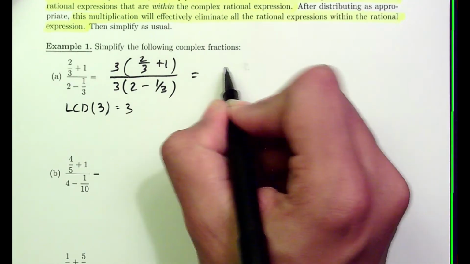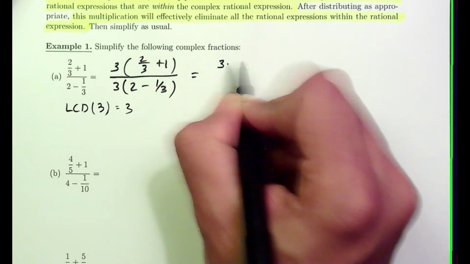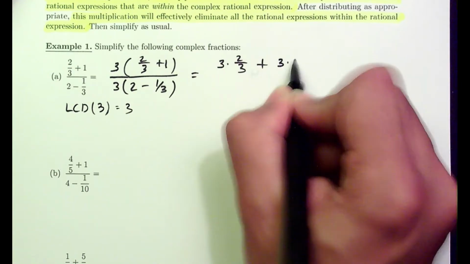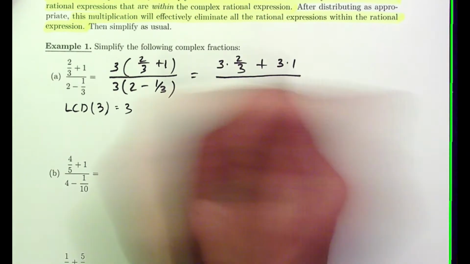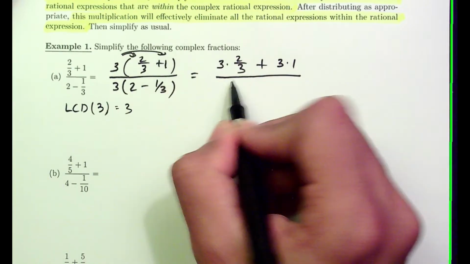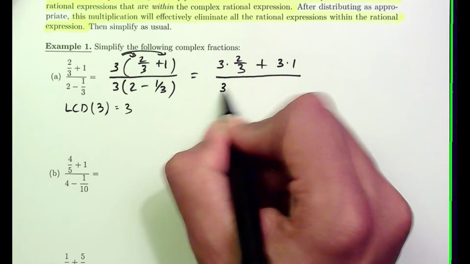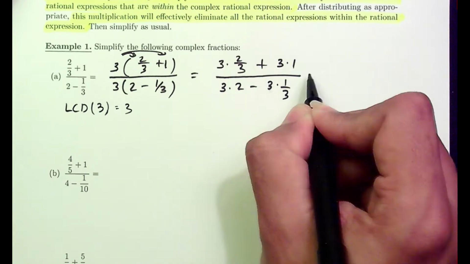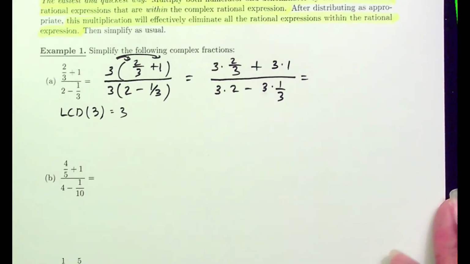So you see, you're going to get distributing 3 times 2/3 plus 3 times 1. So distributing like that. And then same thing, distribute for the bottom. 3 times 2 minus 3 times a third. Okay, so you distribute the bottom as well.